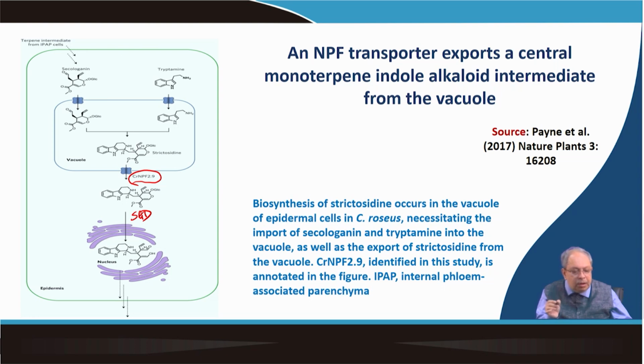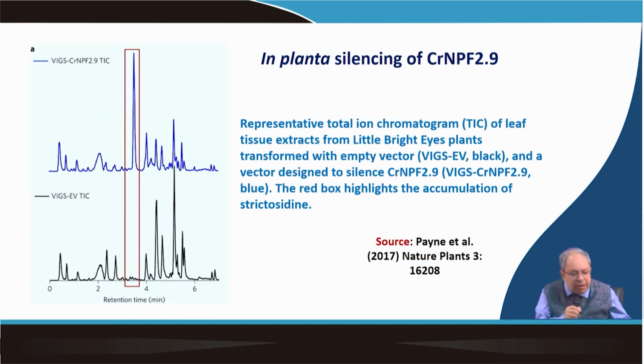That means secologanin and tryptamine both enter the vacuole, where strictosidine synthase joins them and makes strictosidine, and once formed, it should come out of the vacuole, with a specific transporter protein helping to move it out. When scientists characterized the gene, they blocked gene expression using virus-induced gene silencing.